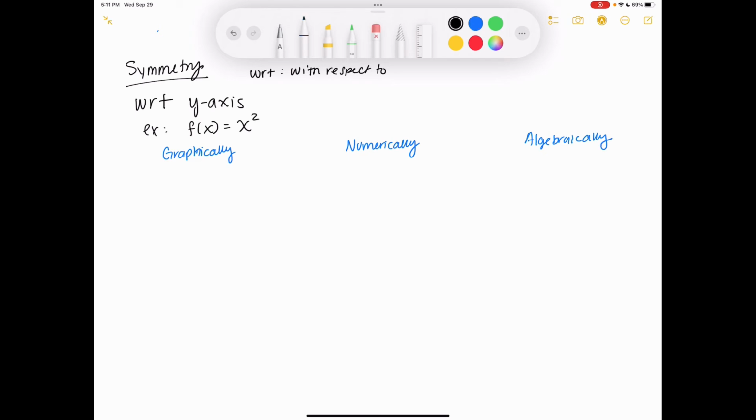So graphically, I'm just going to have a parabola, close enough, and it's going to have the point x, y and negative x, y.